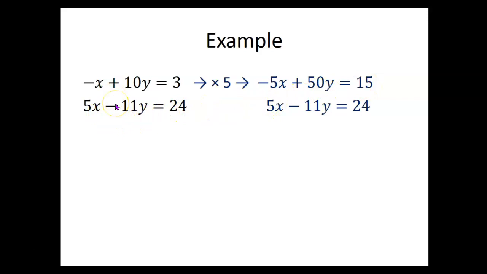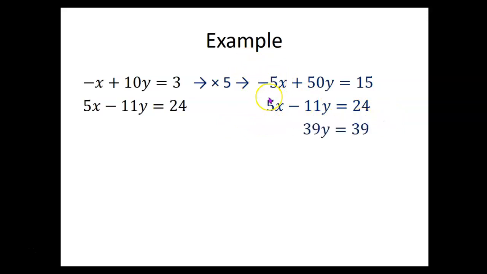So I multiplied the top equation by 5 on both sides. I didn't have to do anything to the bottom equation. I just slid it over so it would be underneath the new version of the top equation. And now I am ready to add these two equations together.